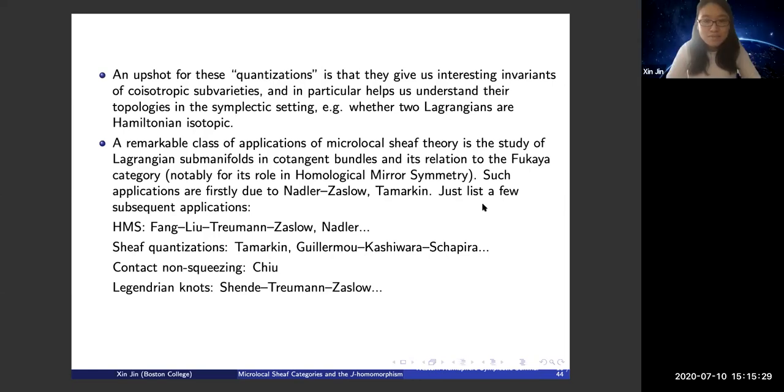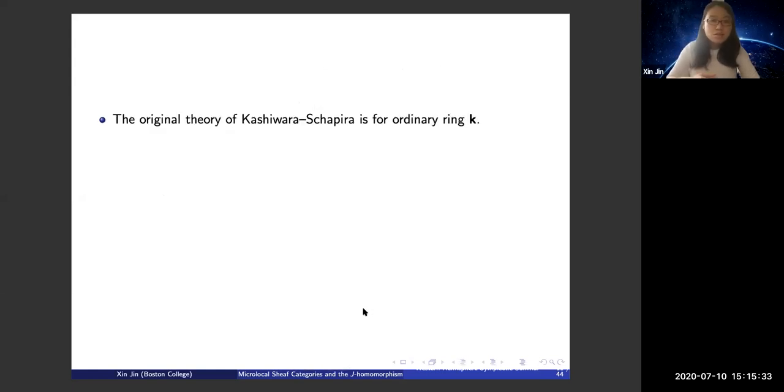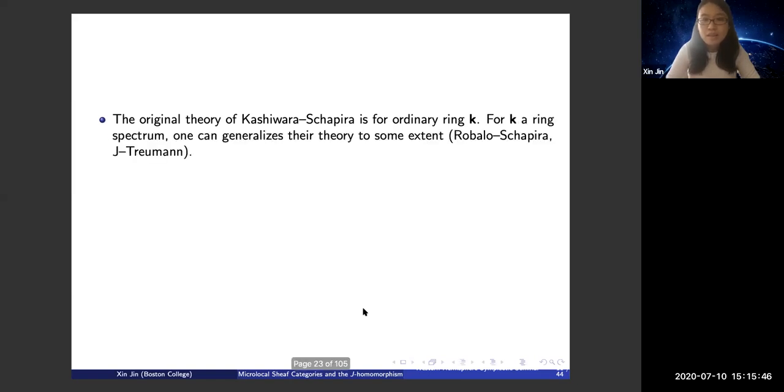Okay, so maybe just a comment on the coefficient ring. The original Kashiwara-Schapira theory is based on an ordinary ring. For ring spectra, one can generalize their theory to some extent.